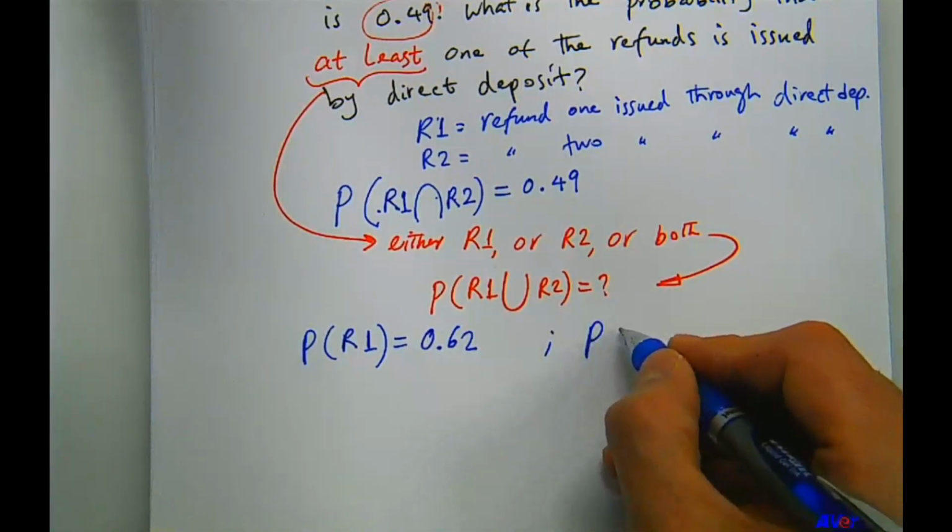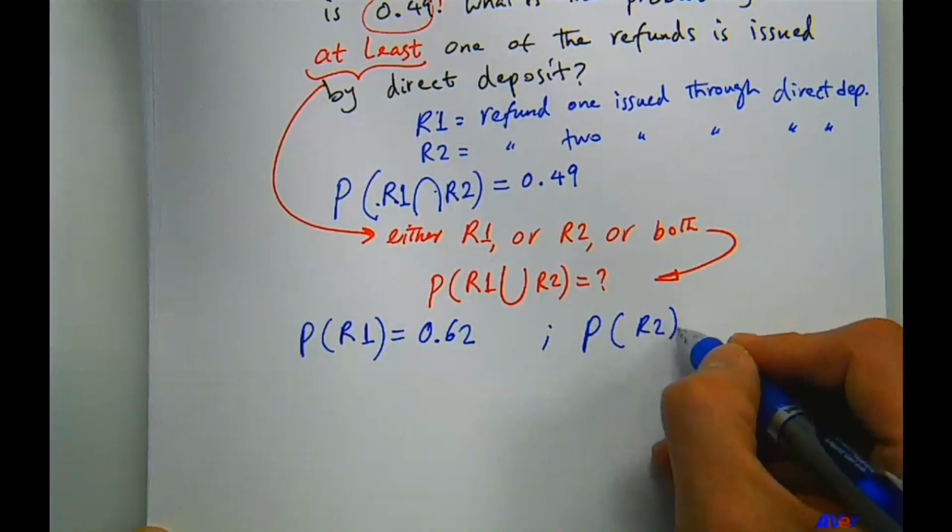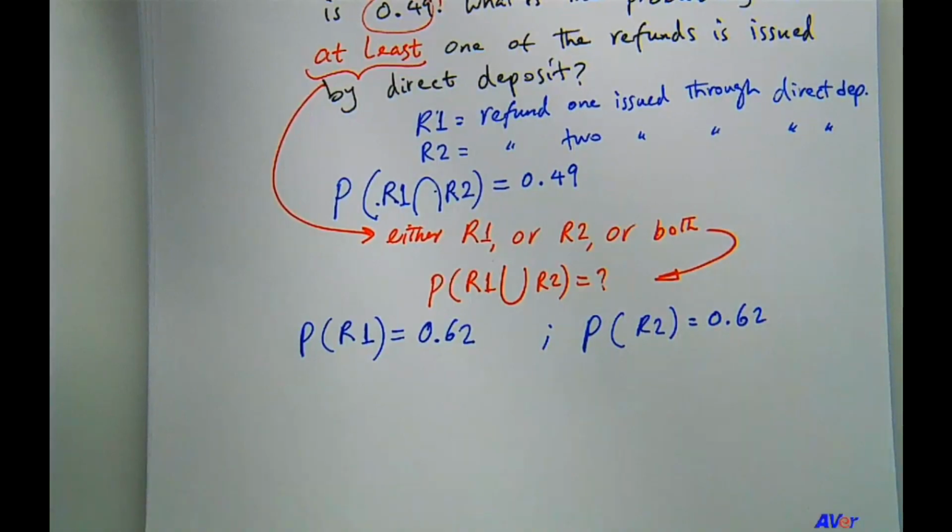By the same token, the probability that refund 2 was issued through direct deposit is also 0.62, right? If you pick any refund from that tax season 2008, the probability that it was issued through direct deposit was 62%. Today it's probably much higher, as more employers have direct deposit, or the IRS is set up to do this with more people. As people trust the direct deposit way of receiving refunds more, the probability has probably gone up.